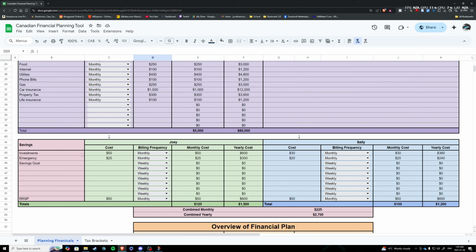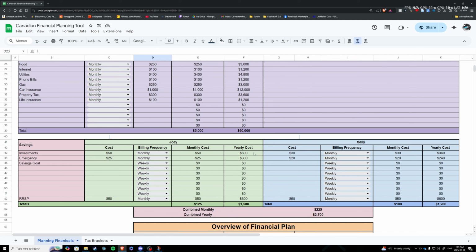That being said, we're moving on to our next section. This section is broken off into 2 sections, one for Joey, one for Sally. They can contribute however different amounts they want. So if we go into this, we see that Joey is putting $50 a month into investments, while he's putting $25 monthly into emergencies.